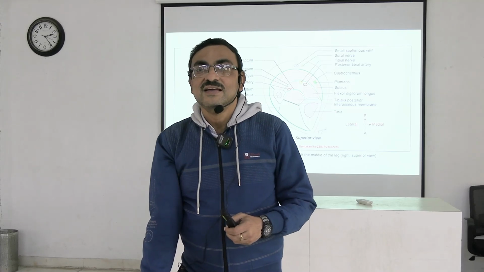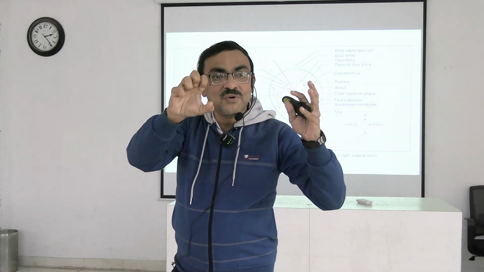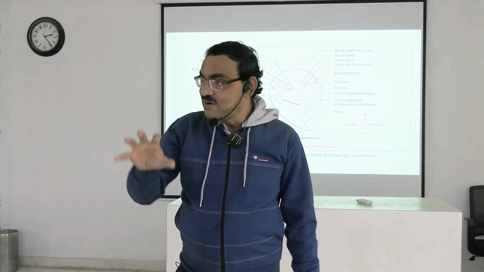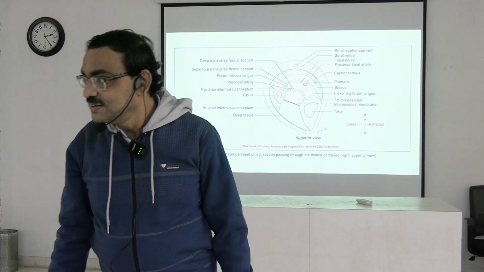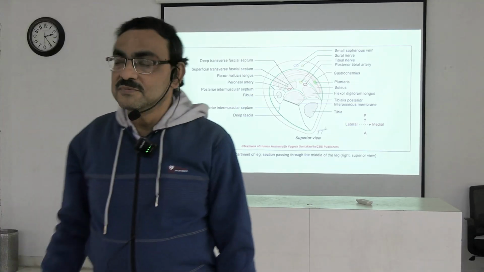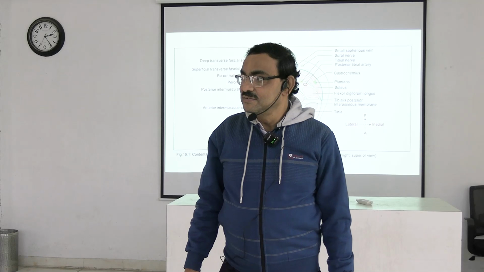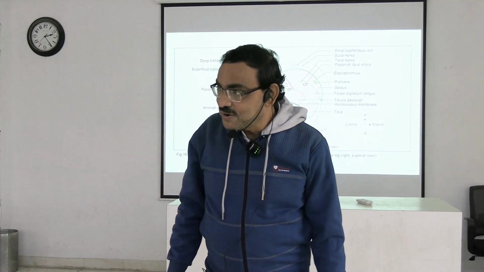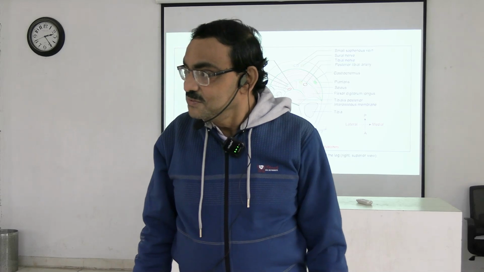Similarly, this great toe has also got very much importance for anchoring. When you are moving over a slippery area, you can see the great toe is doing much more function.